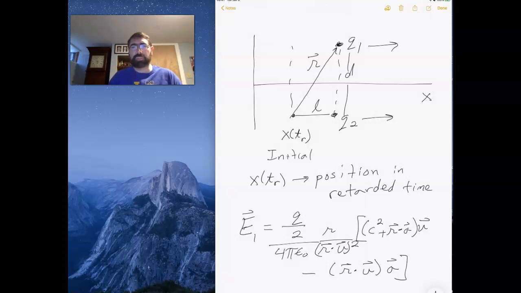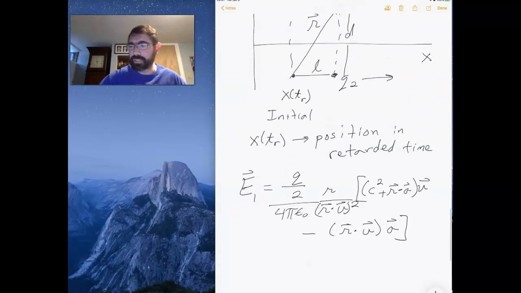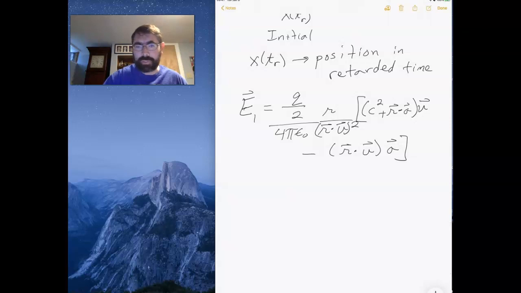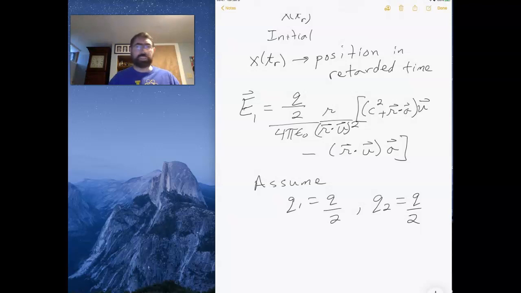So this is our electric field for a point charge with the retarded time. What I've done is make the assumption that I've split the charges evenly into Q over 2.